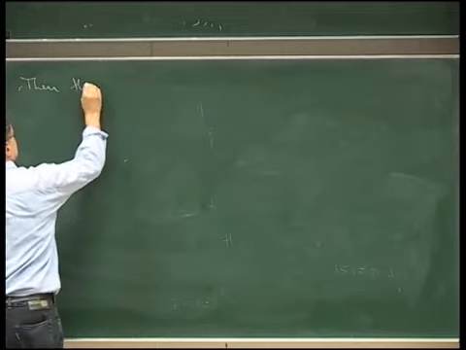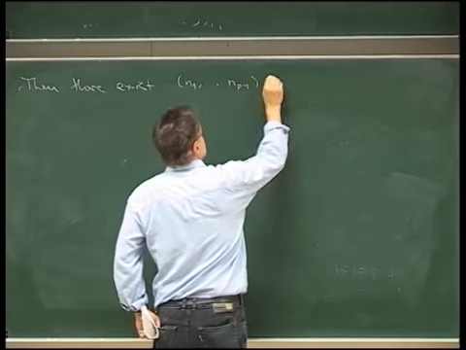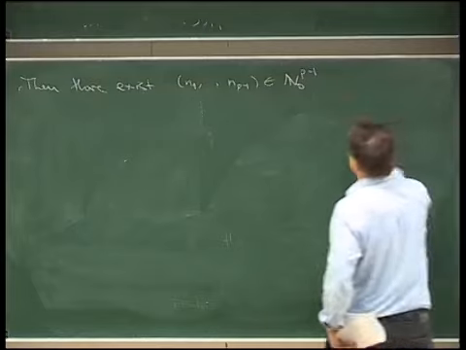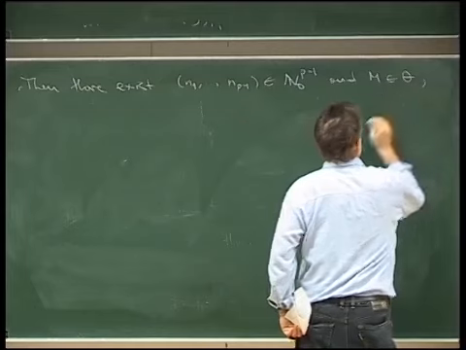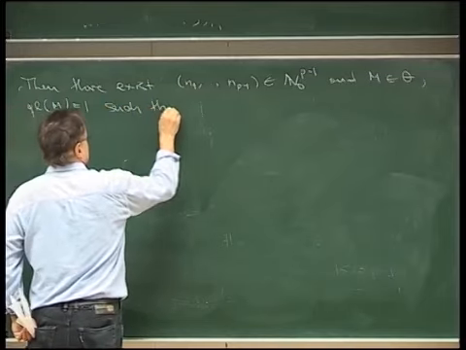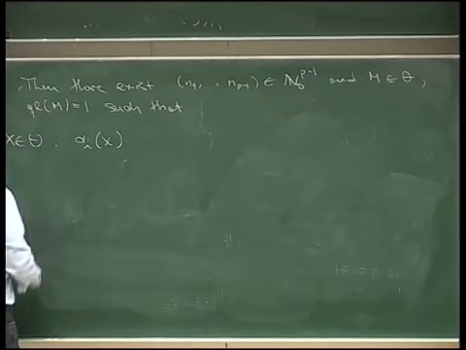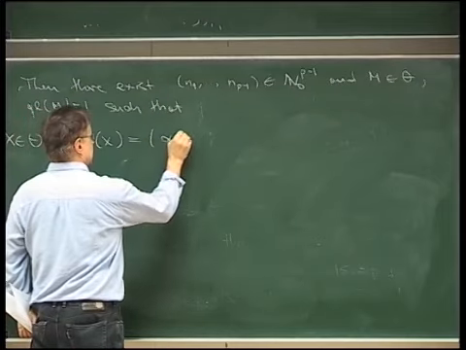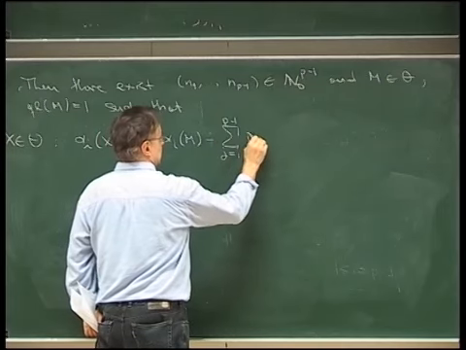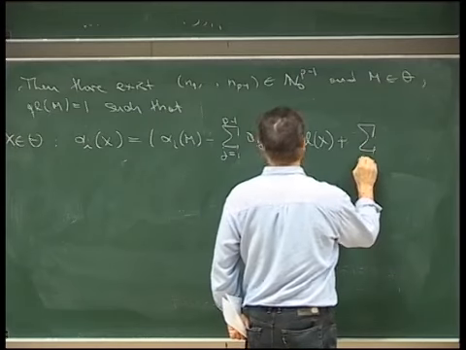So then you can find numbers n1 through n_{p-1}, non-zero natural numbers, and m in theta of quasi-length 1, which one you take doesn't matter, such that if you want to compute for a module x in theta alpha I of x, you take alpha I of m minus the sum j goes from 1 to p minus 1 a_ij n_j times the quasi-length of x, and then you have this correction term here again.